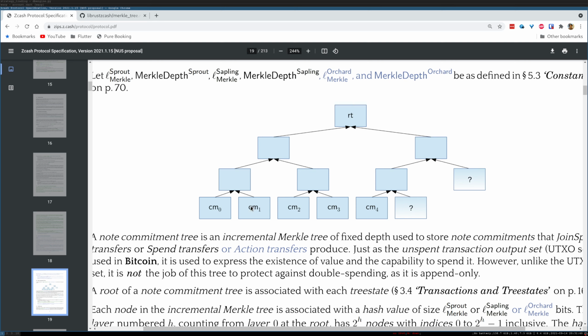But afterwards, left always has one value, but right sometimes has no value. And if it has no value, we can simply insert the value there, replace the none with that node. But if that right guy already had a value, then we have to flush it up.